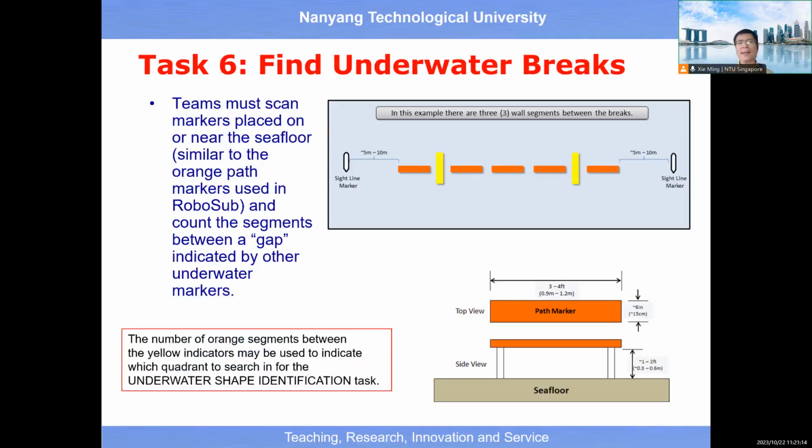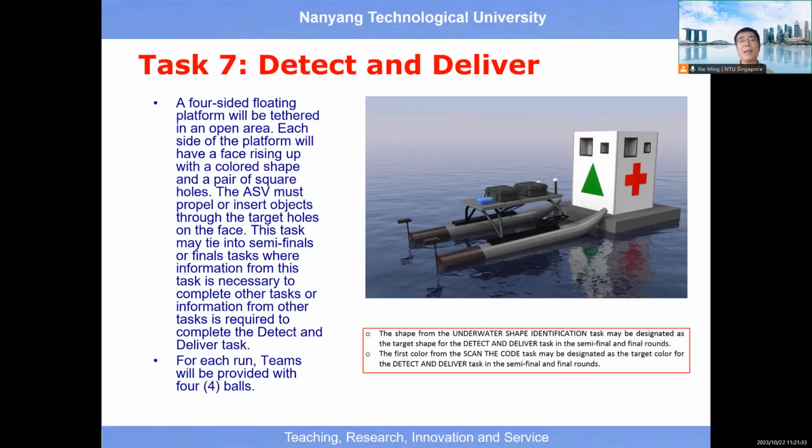And this is also a task for the autonomous surface vehicle to identify the structure installed on the seabed or waterbed or riverbed, etc. And this is to demonstrate the autonomous surface vehicle's capability to deliver objects into a warehouse which floats on the water surface, right?